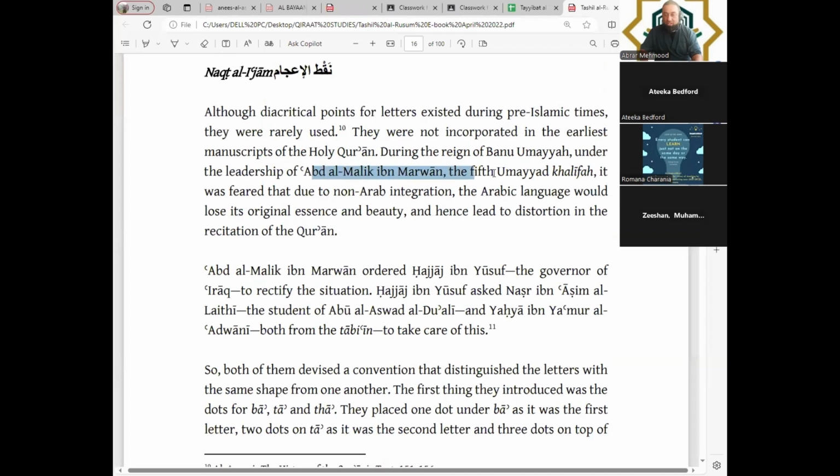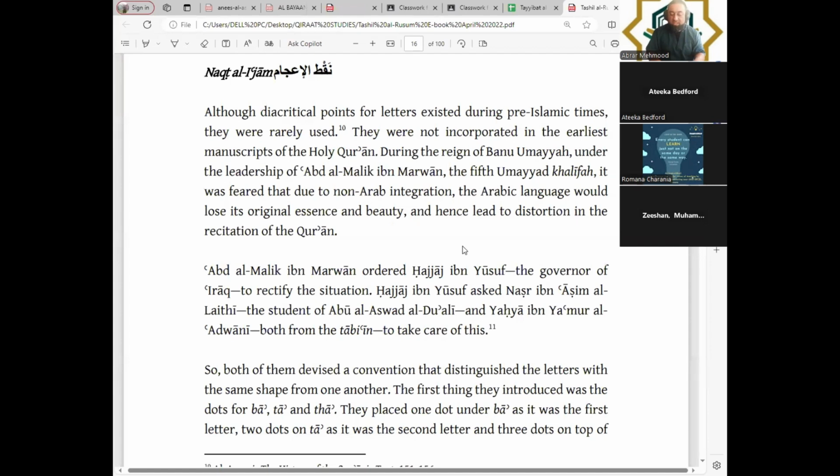Abdul Malik ibn Marwan, 5th Umayyad Khalifa, to draw a bit more clarity to that. Hajjaj ibn Yusuf, a very, very notorious personality, someone who had done some beautiful things in the history of Islam, but also done certain things which weren't of a grade or nature which the Muslims could draw reference from.